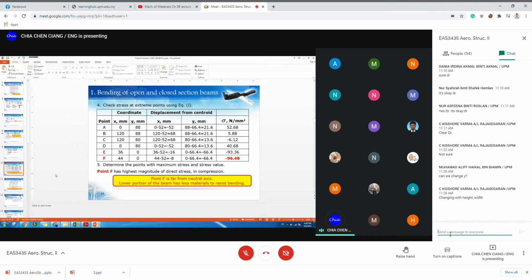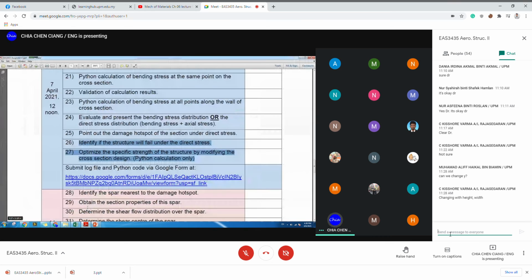I don't want to know the detail, but at least you show me that you understand the direction of the optimization, which is to change the moment of inertia by changing the geometry of the cross section. At least you show that.